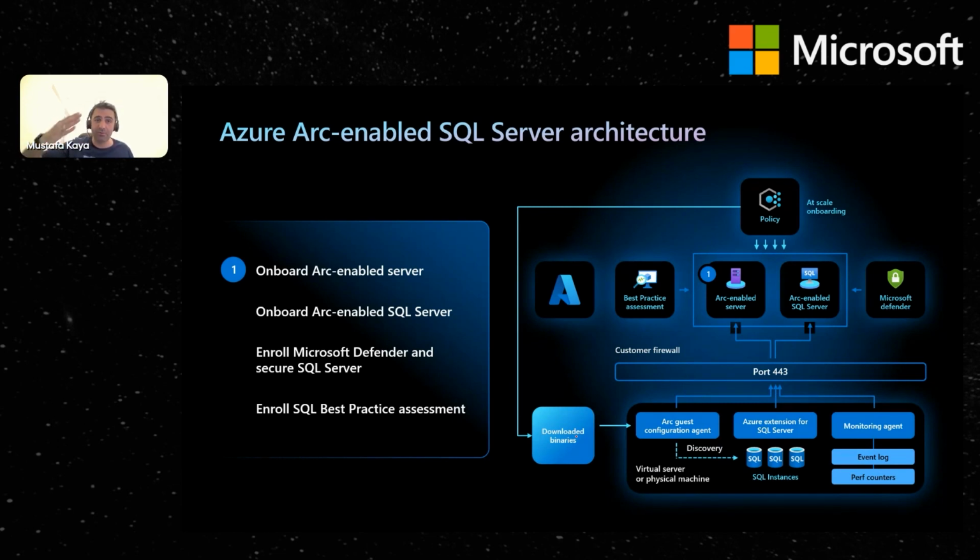That's the same for SQL Server. We install Arc-enabled server, and then we install our Azure extension for SQL Server. After that, we see this server as an Arc-enabled SQL Server. So it all works like the SQL Server model.